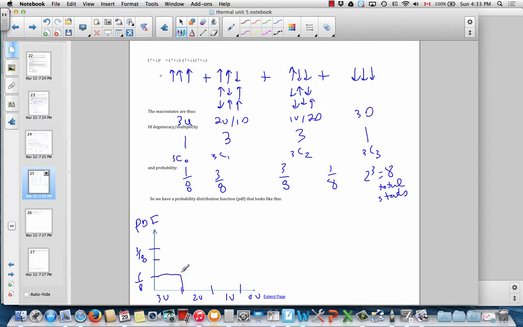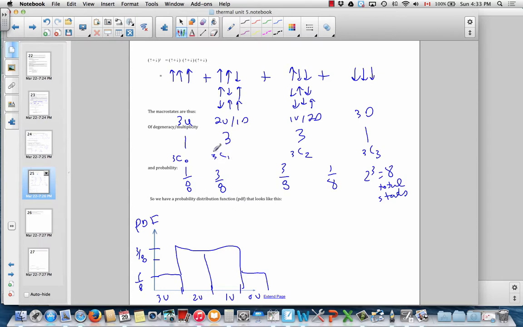So it's a symmetric function. It looks like that. And of course, we're not so much interested in 3 atoms as we are in n atoms. So what happens to this analysis that we've done here and this distribution function if n gets really big?